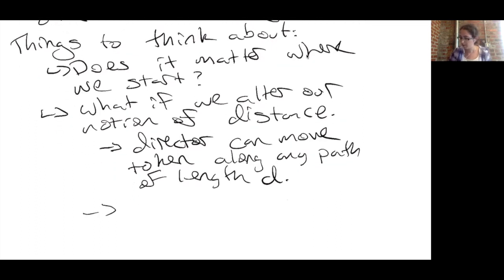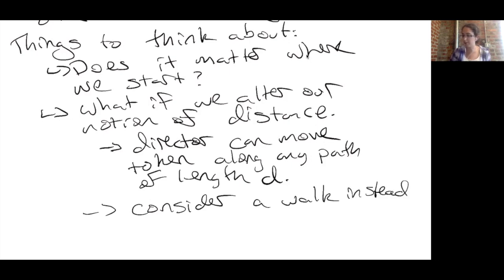What if you do the same, but now consider a walk instead of a path? If you haven't seen any graph theory before, a path just means you're not allowed to revisit any edges or vertices. So you can travel along, but you're not allowed to go backwards. A walk is the most extreme version of being able to go backwards.